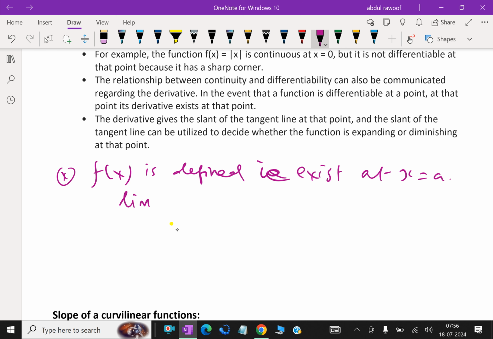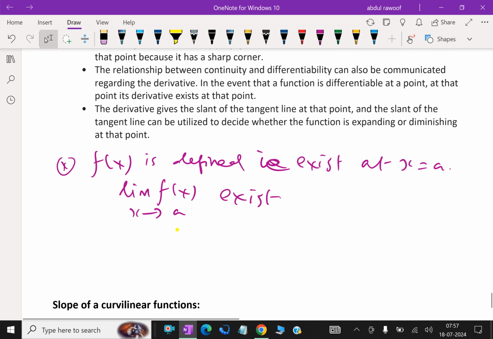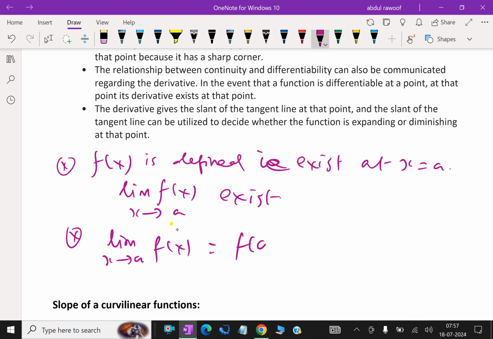Second, the limit of f of x as x tends to a must exist. And third, the limit as x tends to a of f of x must be equal to f of a.